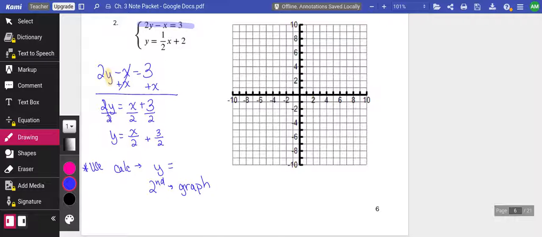I'm going to give you a minute to do that. When you go into y equals, remember that for a fraction, you're going to hit alpha and then y equals.